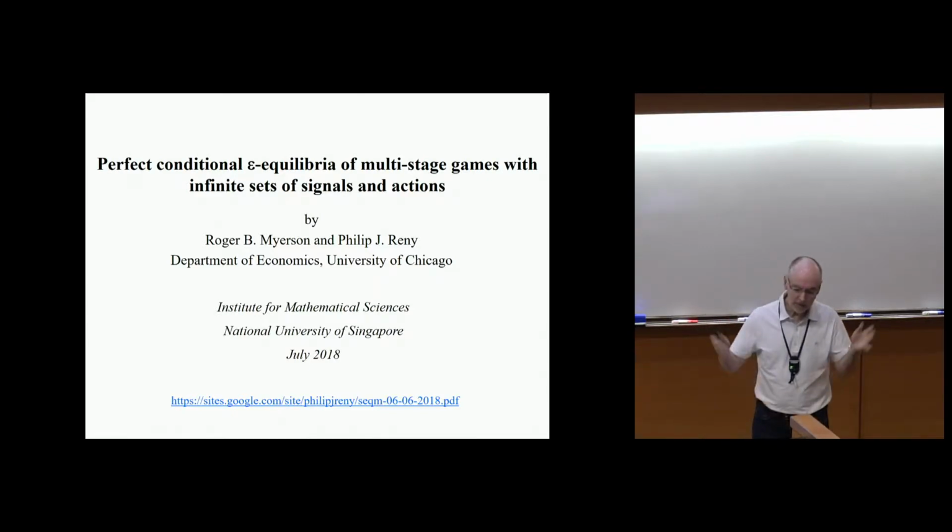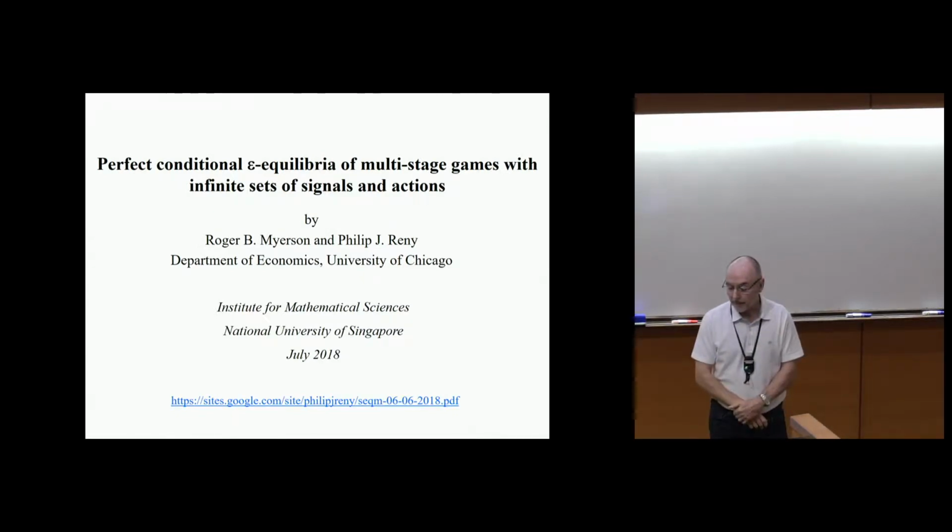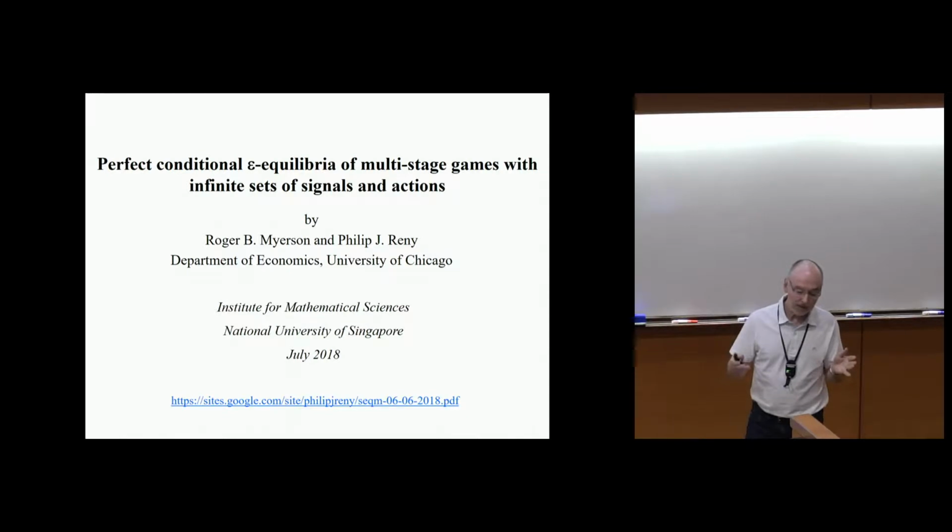But what was the technical condition? Well, they said the system of beliefs is consistent with a strategy profile if there is a sequence of completely mixed strategy profiles converging to the strategy profile in question, such that the Bayes rule-induced beliefs along the sequence converge to the system of beliefs at the information set.